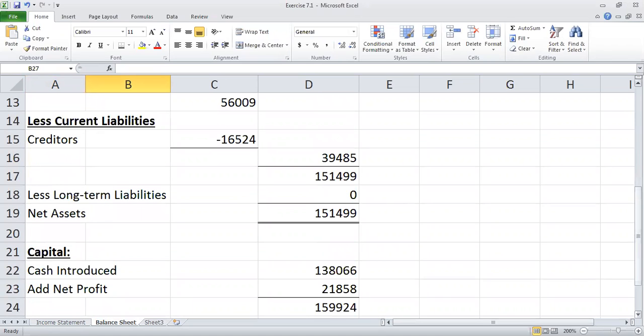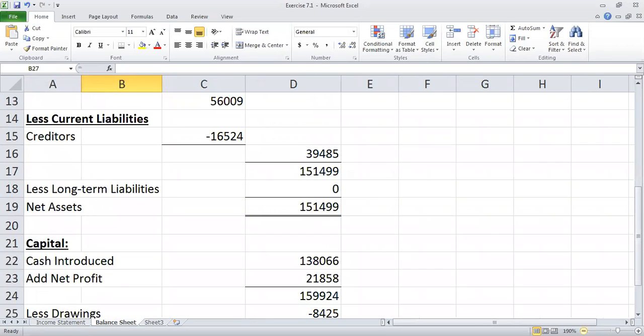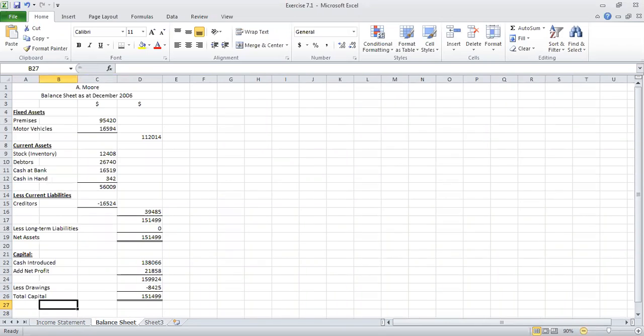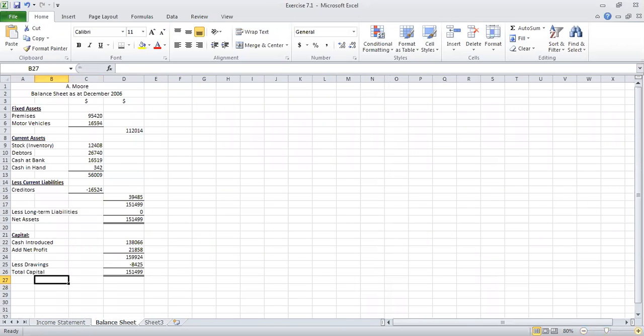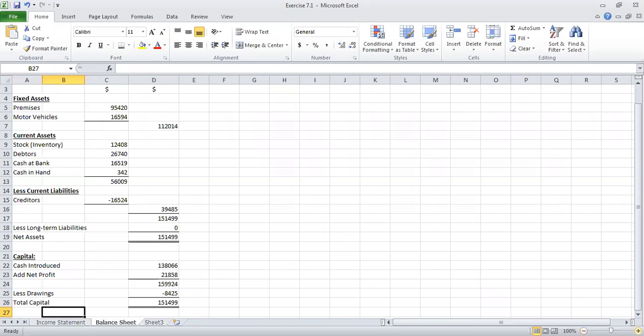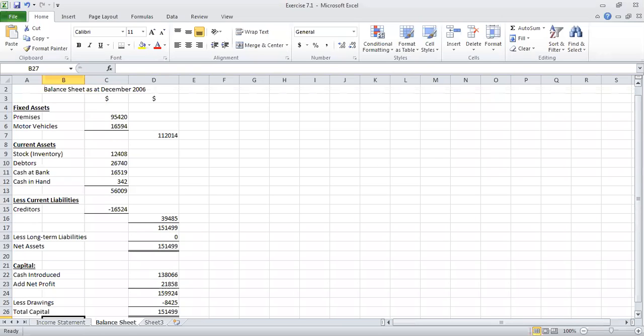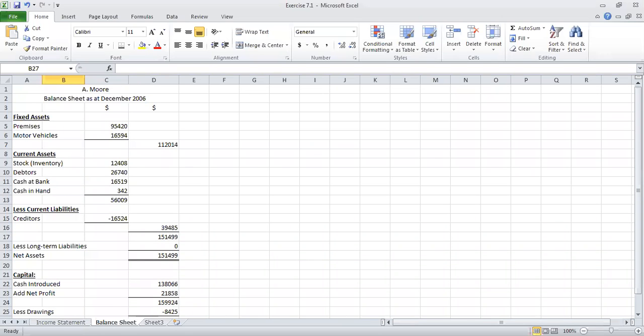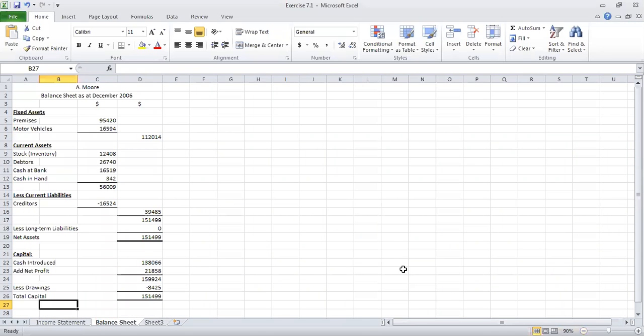I'm going to zoom out so you can take a picture. Try to take a picture now. Take a snapshot, please, of this. That's how you do a simple balance sheet.